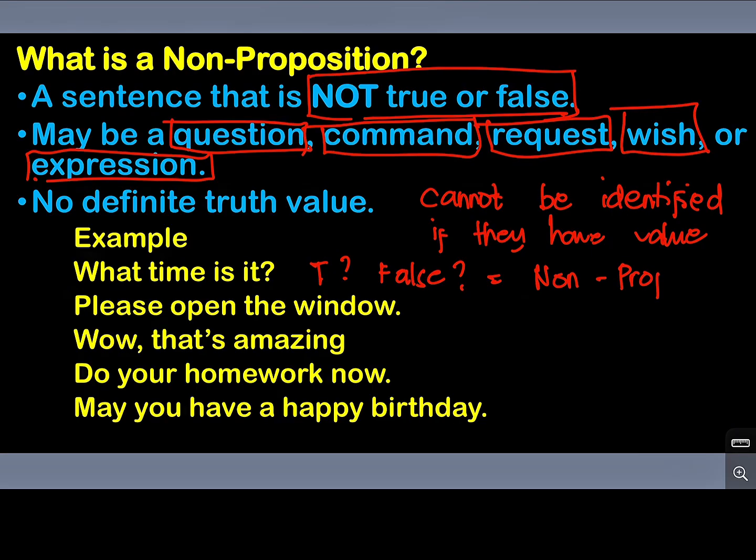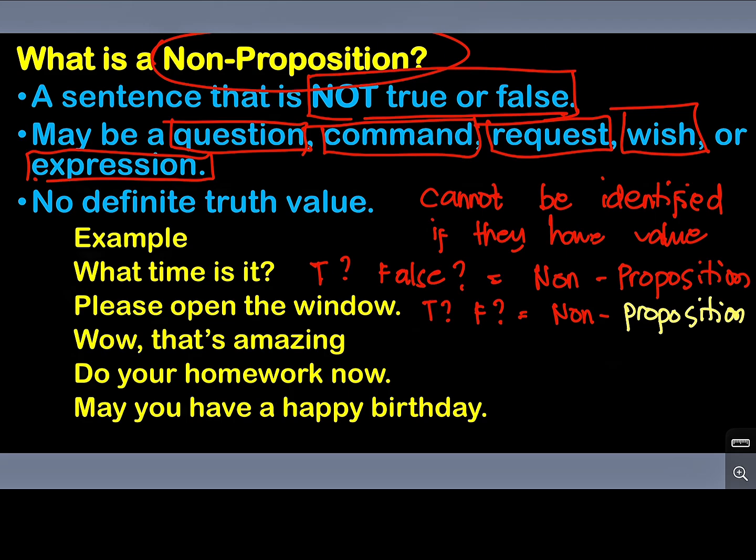If it cannot fall on a truth value, then it is a non-proposition. Wow, that's amazing. This one isn't just an expression, it's an exclamatory sentence. Another example for non-proposition is do your homework now. It is a command, cannot be answerable by true or false.